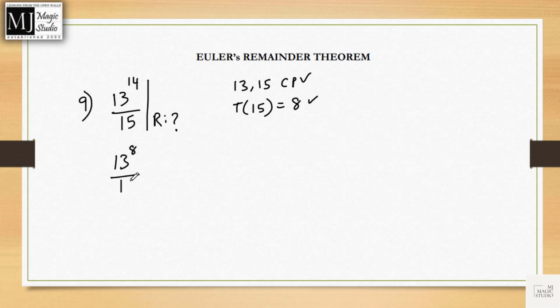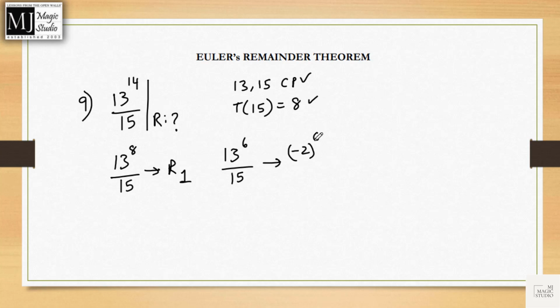So it is 13 to the power 8 when divided by 15. This part will give remainder 1. Now we have 14 powers, this is power 8, that is 6 powers. Now 13 to the power 6 is divided by 15. We can see that when 13 is divided by 15, residue we get is minus 2.